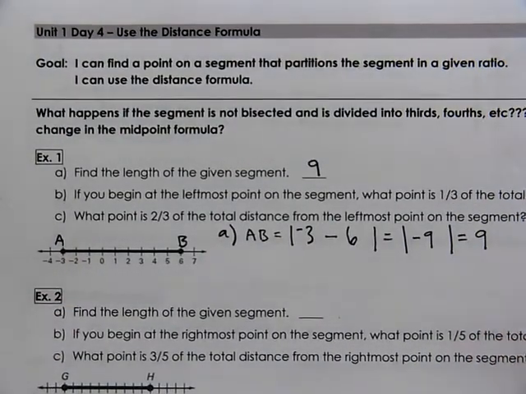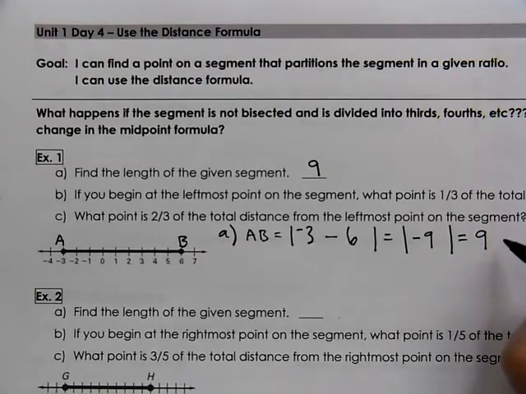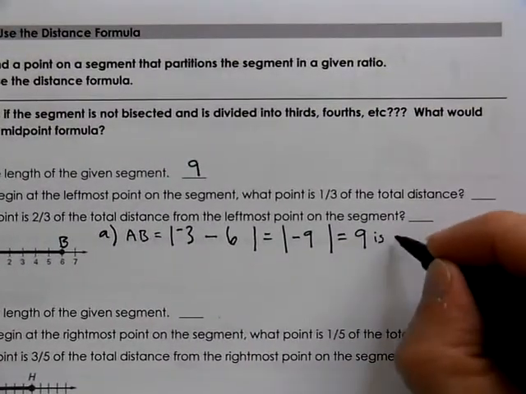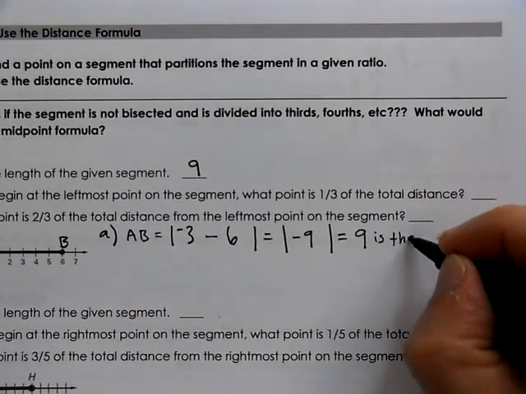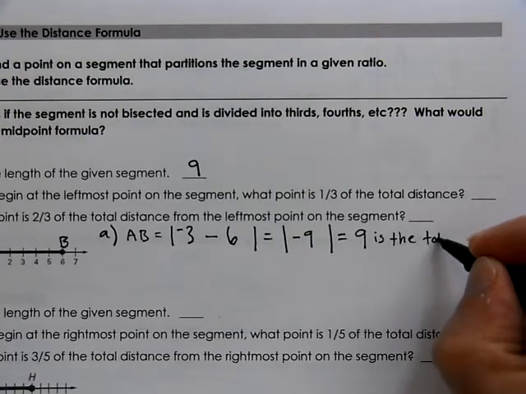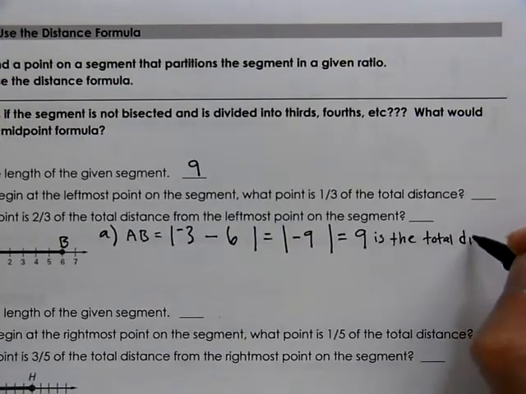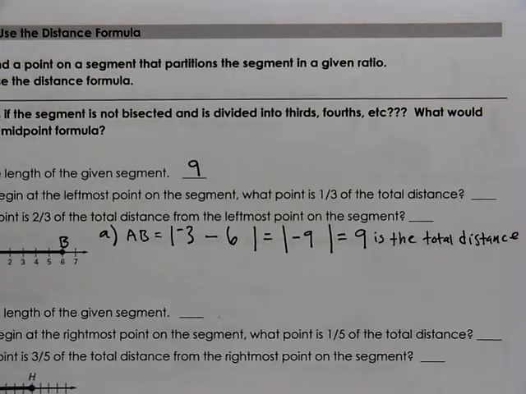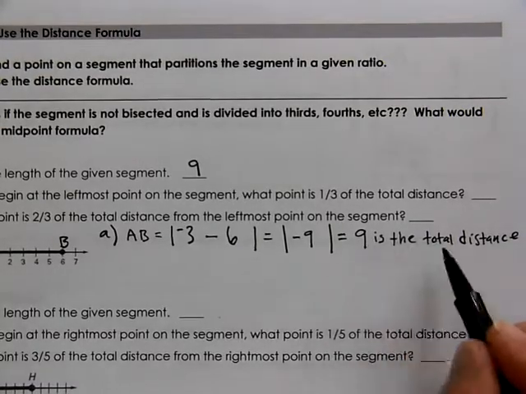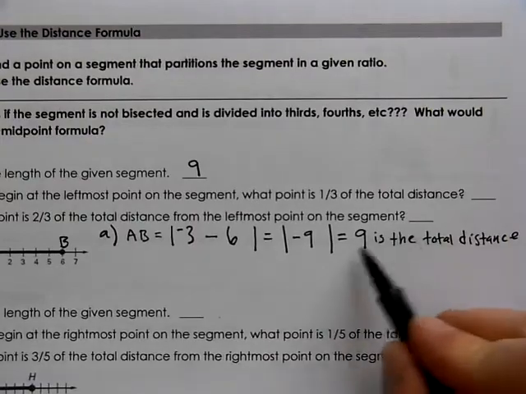Alright, so what we're going to do is recognize that this value of 9 is the total distance, but we want to find a partial distance, and we're going to find a partial distance by using that total distance of 9.